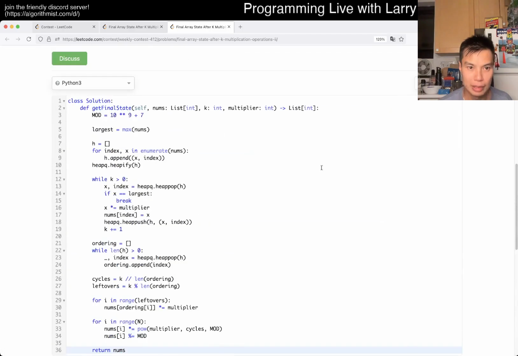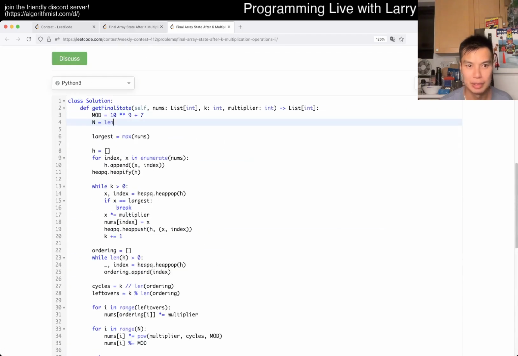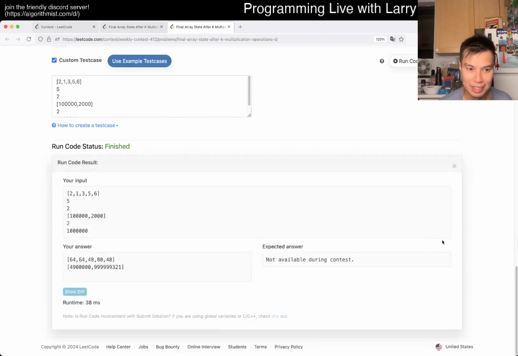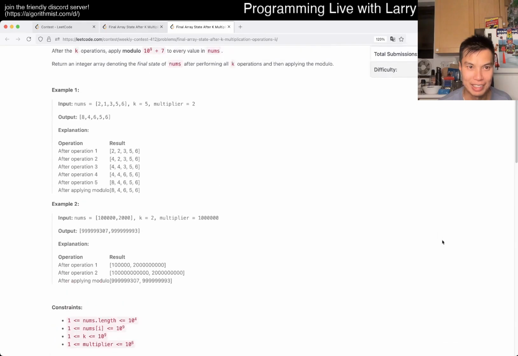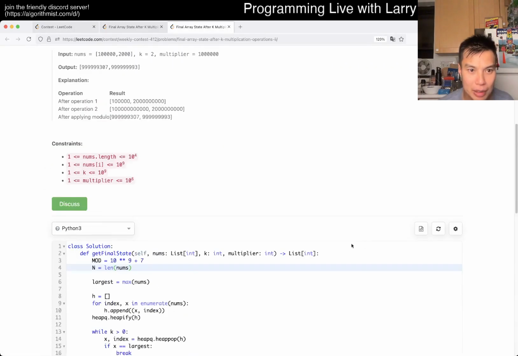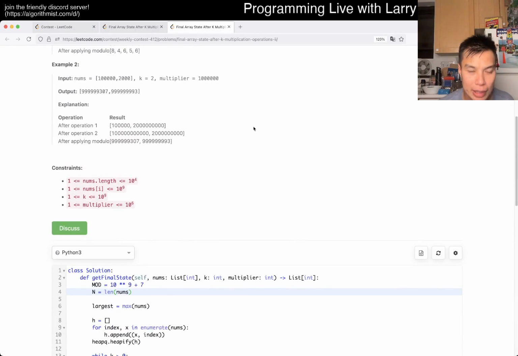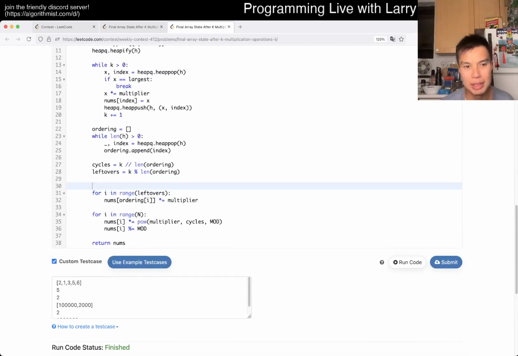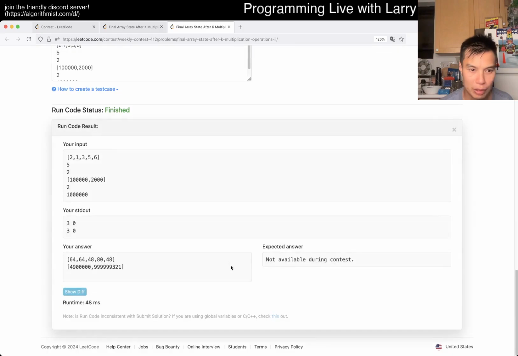Oof, and it's not defined. And that's not right. I was going to do YOLO submit. There's a minute left. Maybe I could still YOLO submit. K is equal to 2. So, okay, I guess I ran out of time because I spent a little bit too long on Q3, or Q4 rather.